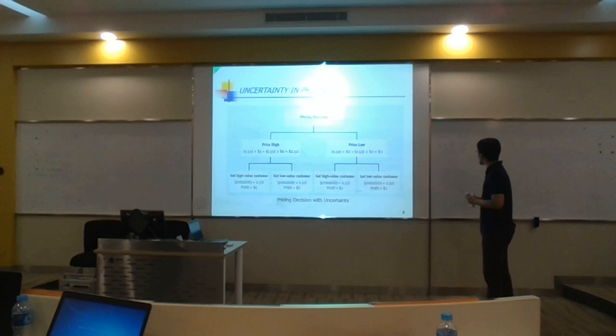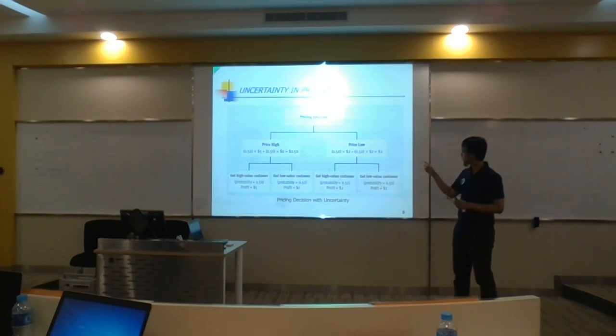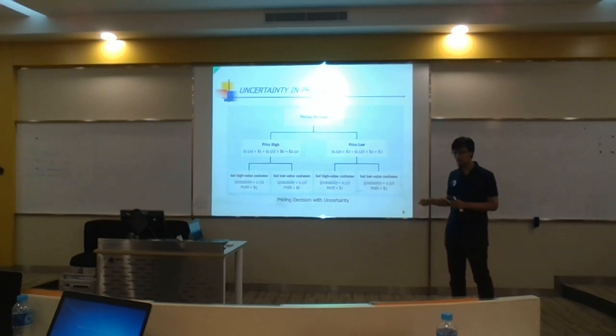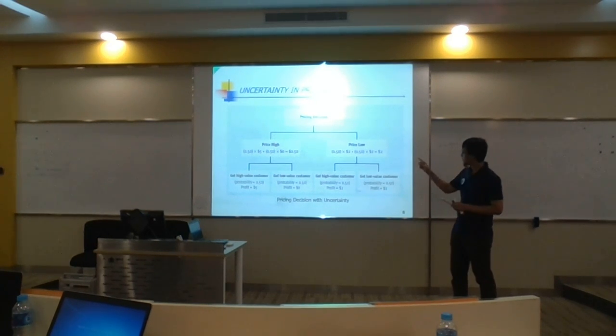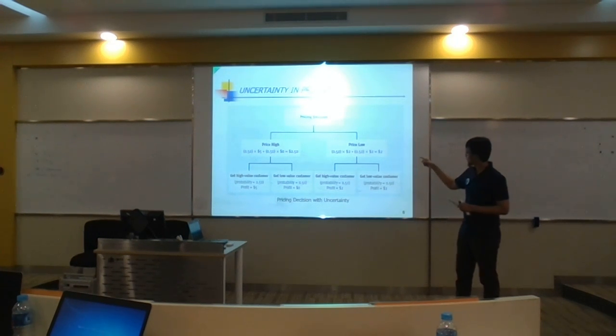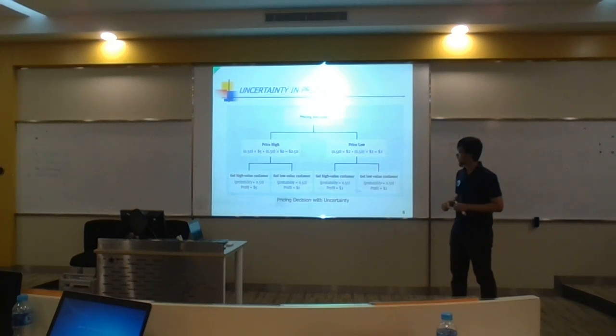And we set the price low, about $5, and we get profit $2. And we can sell to all of the customers, high value and low value. We get $2.